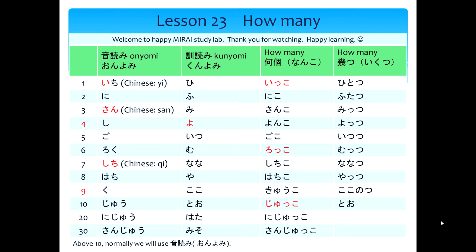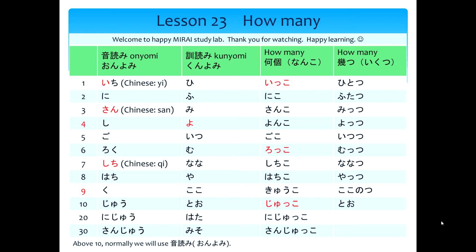Number two, ni. Number three, san. This is pretty much brought over the way it is. Chinese number three is san, in the first tone, and after it becomes Japanese, the pronunciation tone is slightly different.